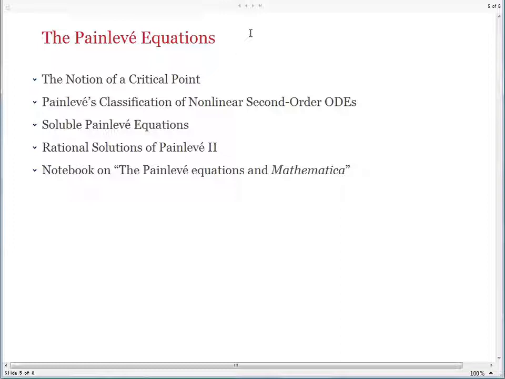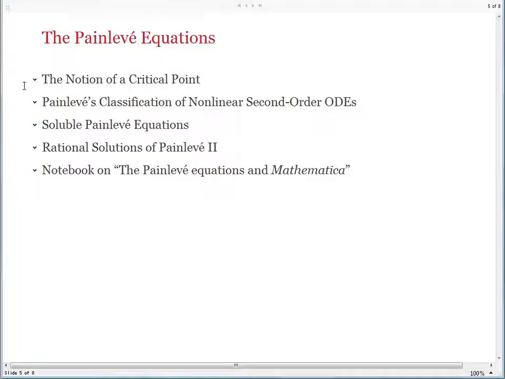So for example, why is it that some differential equations can be solved in closed form and others cannot be solved in closed form? Or what are the properties of a differential equation that make it useful in practice? So does nature have some way of selecting differential equations which govern natural phenomena?